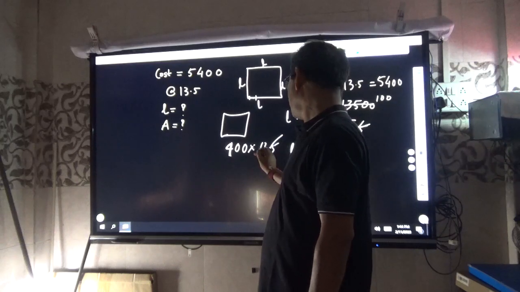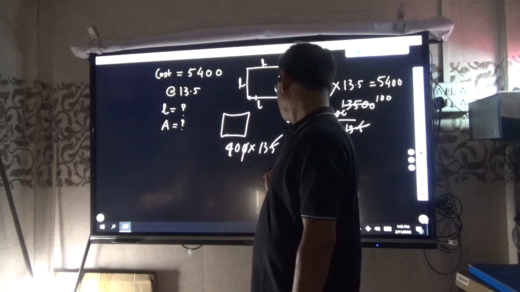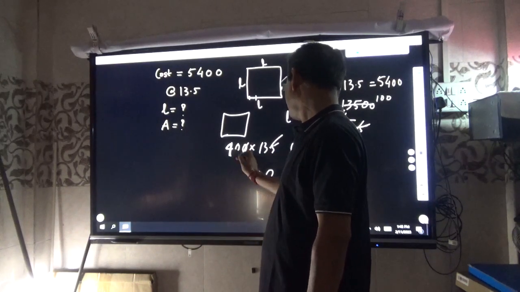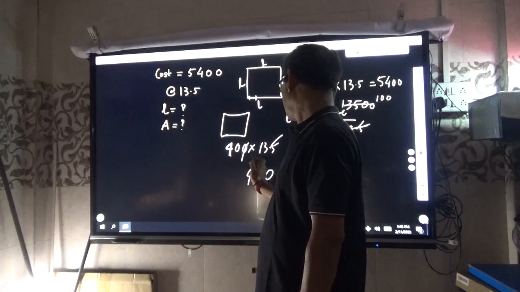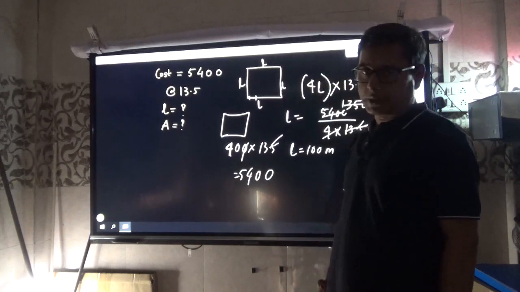So remove this decimal with 10. So 135 into 40. So 4 fives are 20, 2 in hand. So our answer is correct.